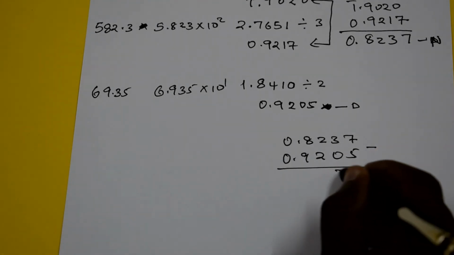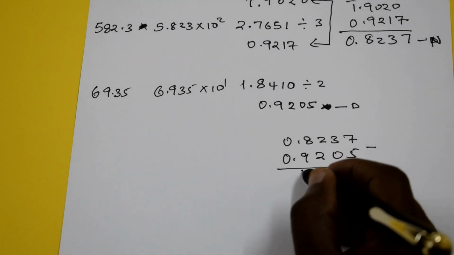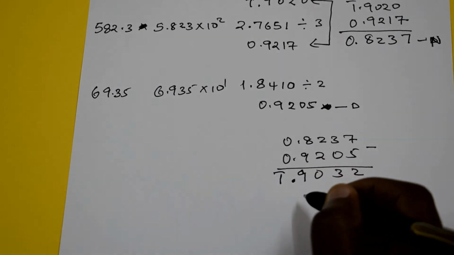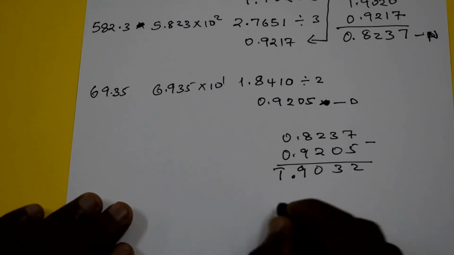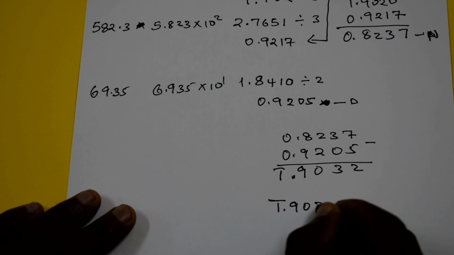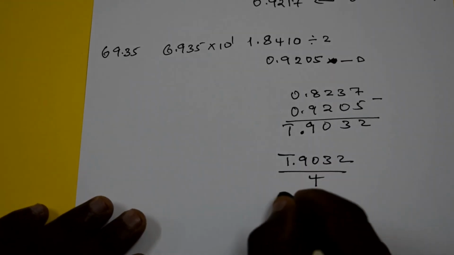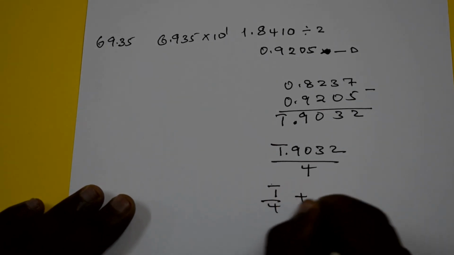This will give us 230, this will give us 9, and this bar 1 point. We are supposed to get the fourth root of this, so we are going to have 1.9032 divided by 4.